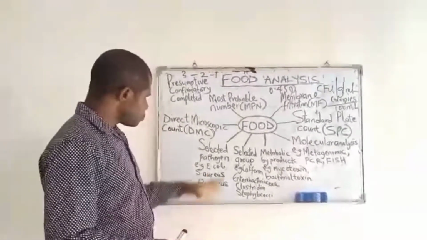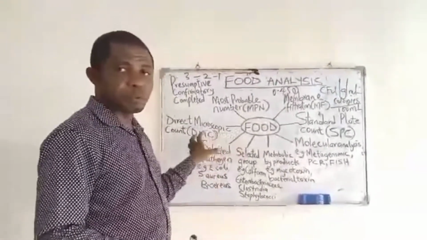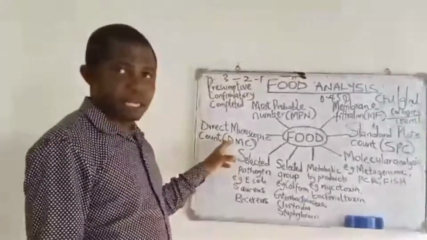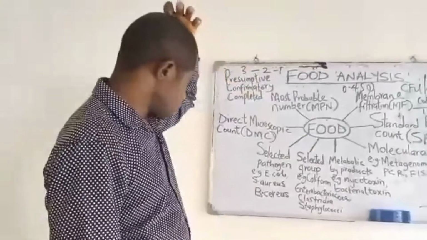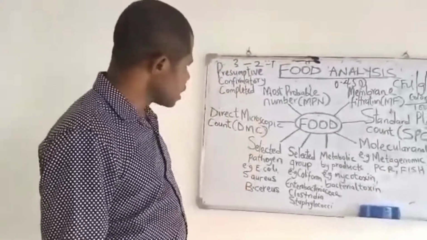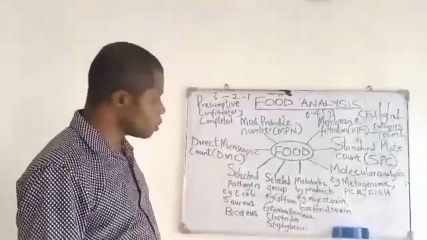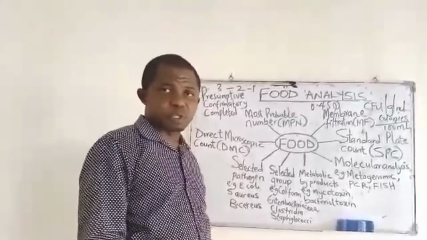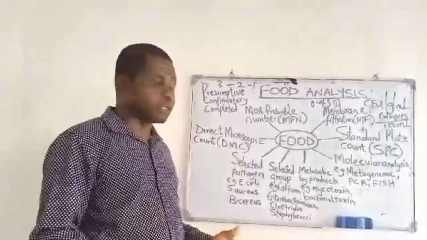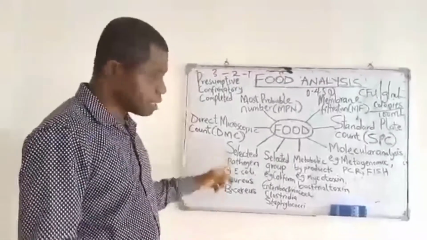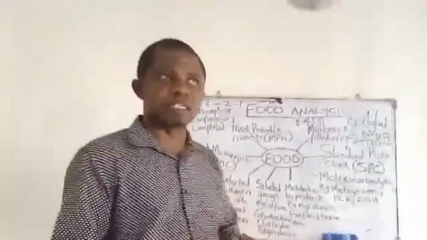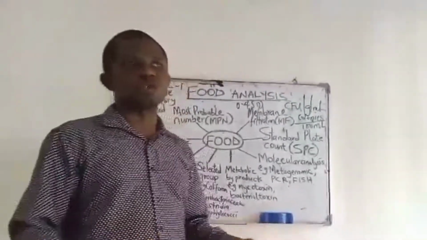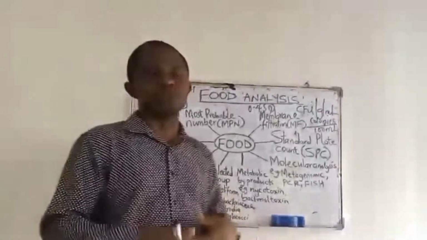Okay, now the next step is the direct microscopic count, also known as DMC. This method is usually carried out only for liquid food preparations like dairy products, milks, and the rest of them. In this case, the food sample is prepared and then stained using a suitable stain like Japan blue and so on.